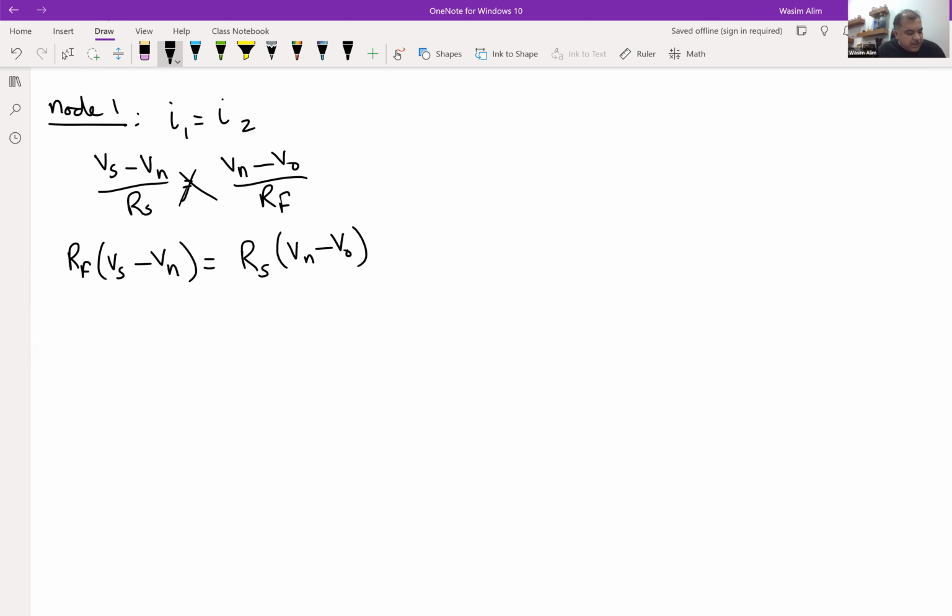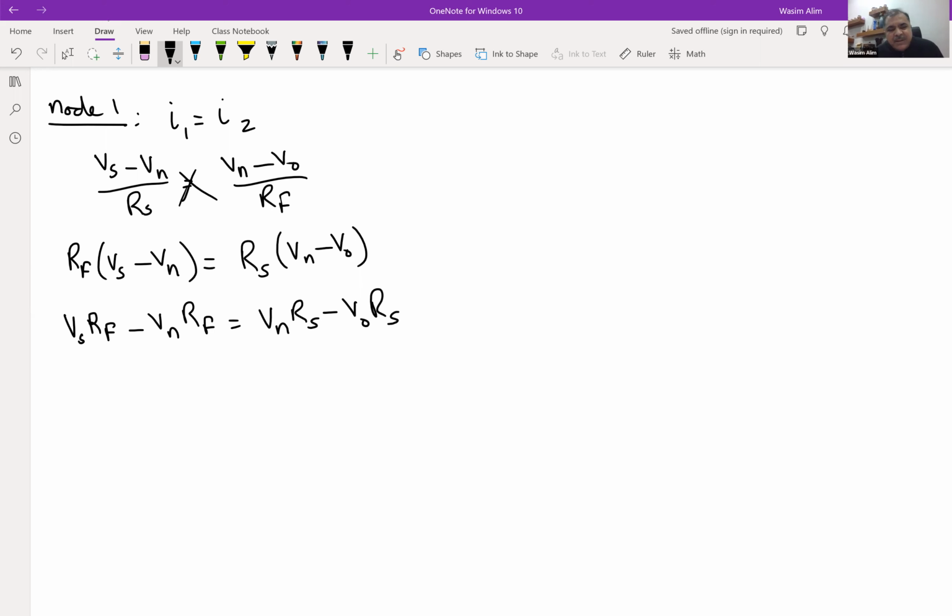Simplifying further, we get Vs RF minus Vn RF equals Vn RS minus V out RS.